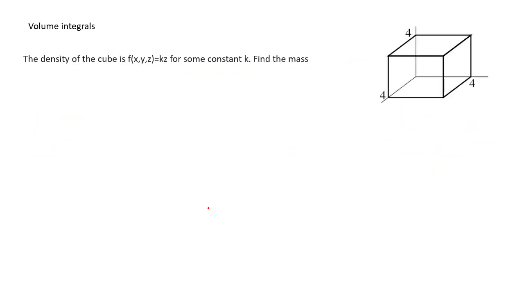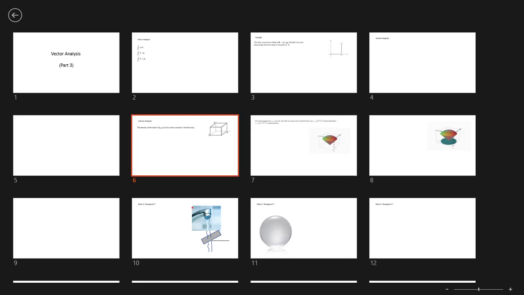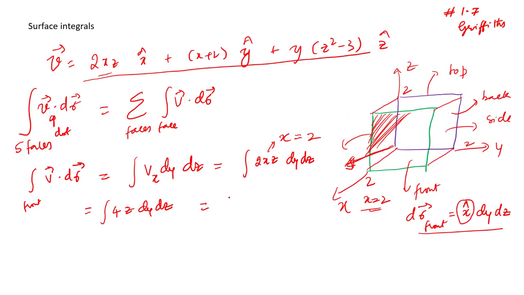So then I have this as 4z with y and z going from 0 to 2. Seems to be some problem.